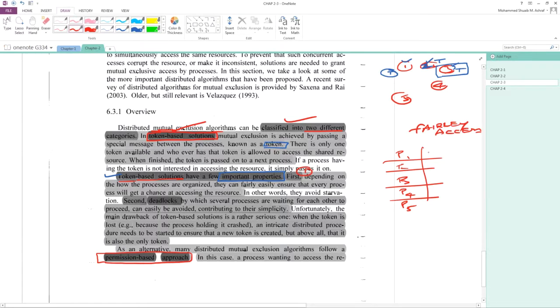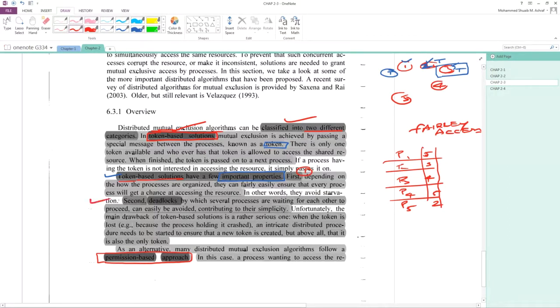Fairly access means, if, let's say, the maximum is 5, then no process waits for more than that, all processes are less than 5. So this is the meaning of fairly access: every process will access the resource in a fair manner.